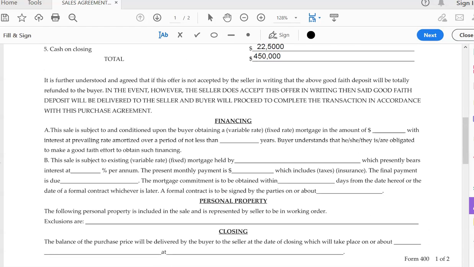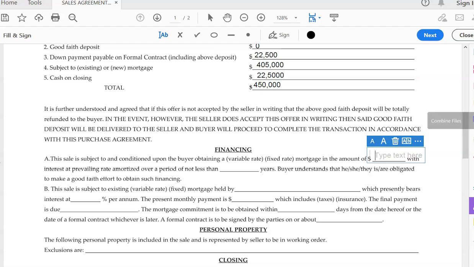Financing. Well, this section here, A, this sale is subject to and conditioned upon the buyer obtaining a variable or fixed mortgage in the amount of $405,000, with interest at prevailing rate amortized over a period of no less than, well, you the agent would have to know what type of mortgage your buyer will be taking, and doing so you're speaking with the lender.